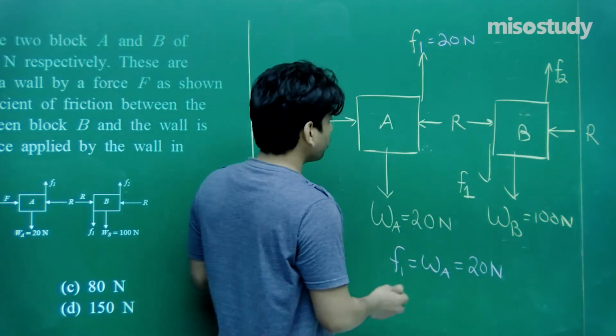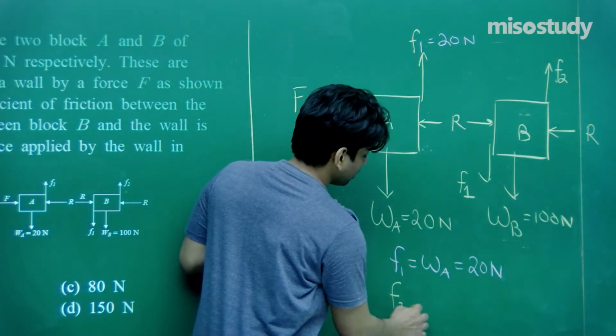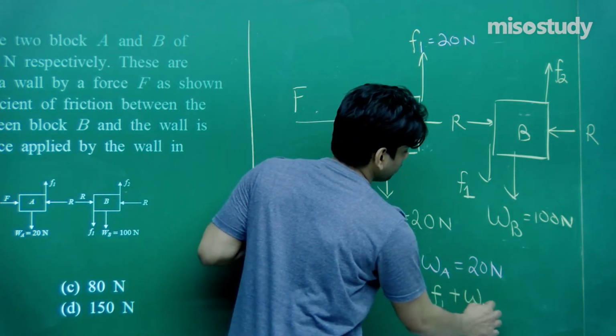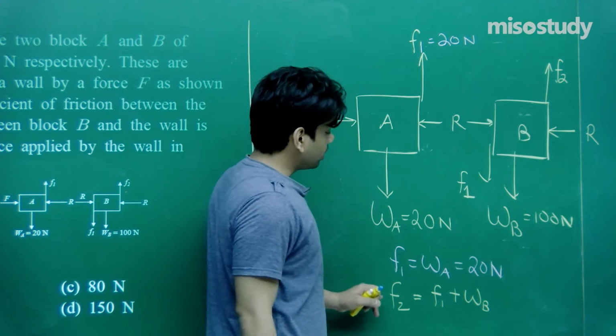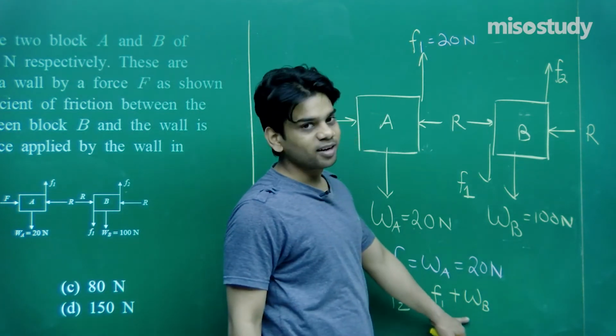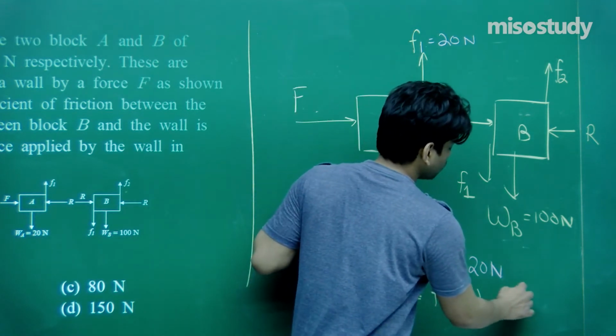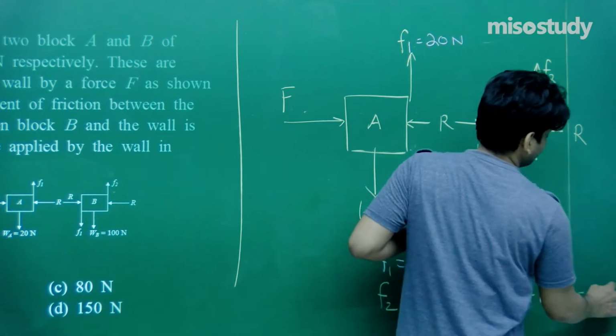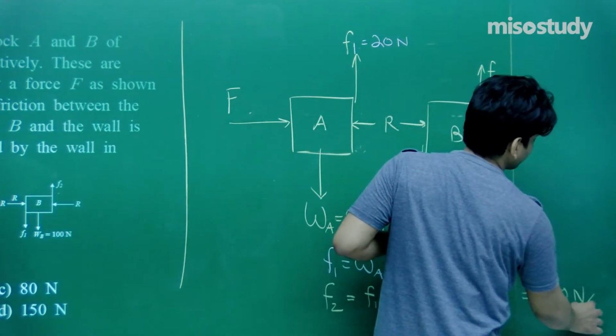So F2 acting upward should be equal to F1 plus WB. F1 we got as 20, WB is 100 Newton. Putting in the values, 20 plus 100, easily evaluated as 120 Newton.